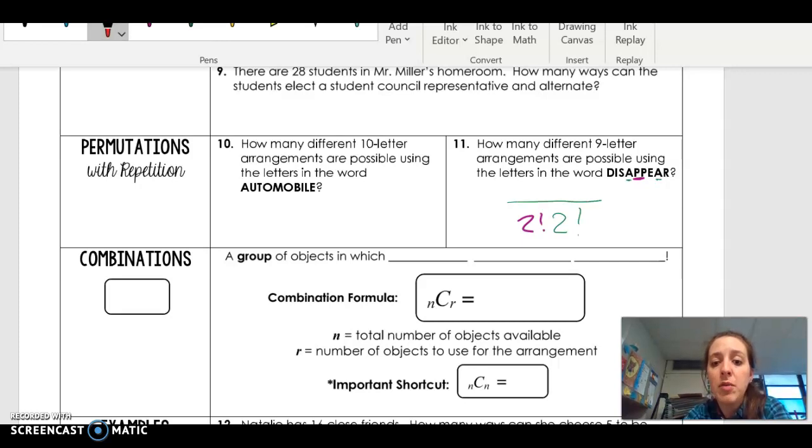The rest of my problem becomes my denominator. And I see in this word there's 1, 2, 3, 4, 5, 6, 7, 8, 9 letters total. This is kind of a weird way to do things, but this is how it works when there's repetition, especially with letters, that there's multiple letters. So there's 9 possible letters, and 2 different sets of 2 each repeat. Then I would just put this whole thing in my calculator and solve it from there.